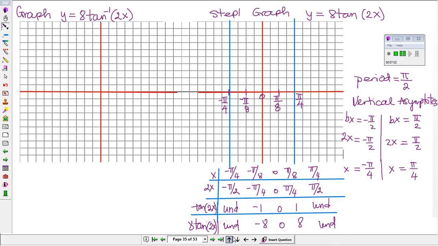So where the value of the tangent function is undefined, that's where you have your vertical asymptote.